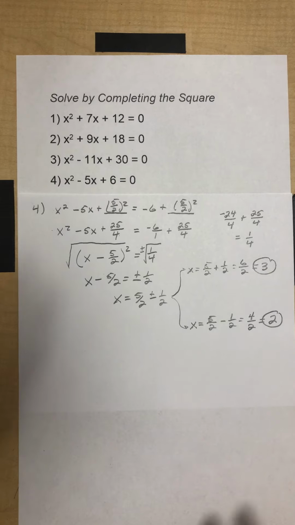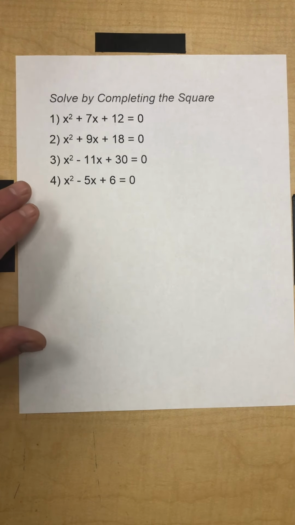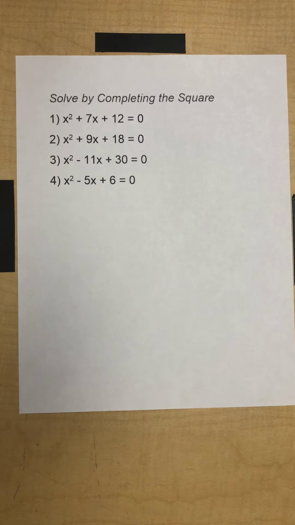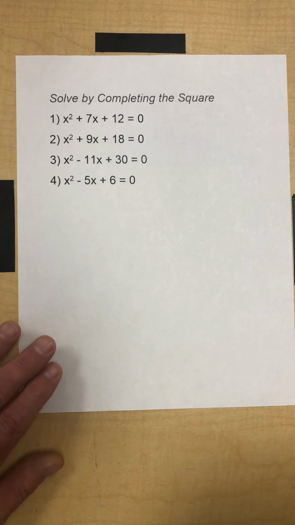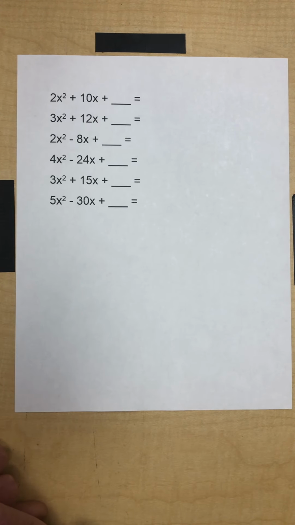Okay, so again, solving by completing the square should be something that you've seen before, or I know it's something you saw before. We just need to do a little bit of review on that. So one thing that we haven't touched on is what happens when you have something like this.